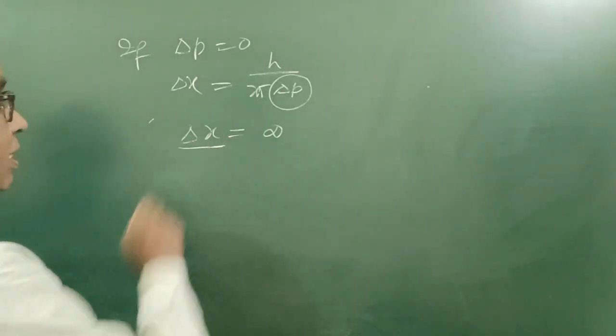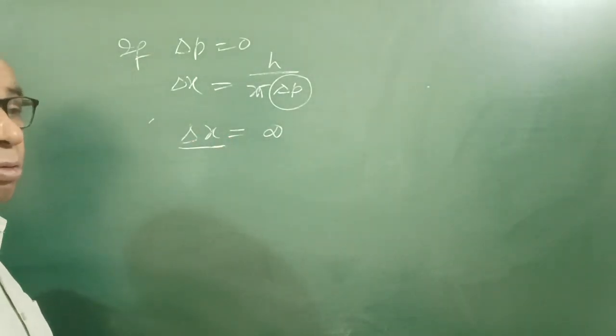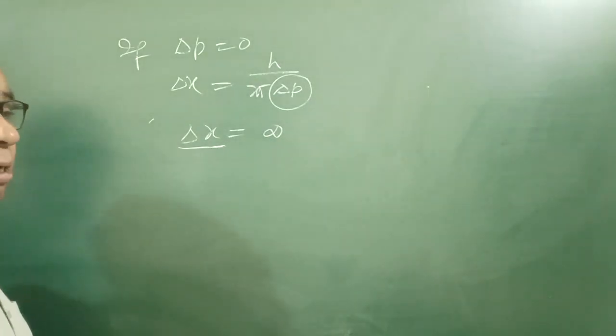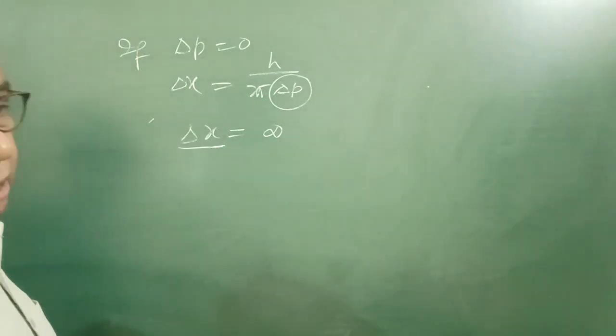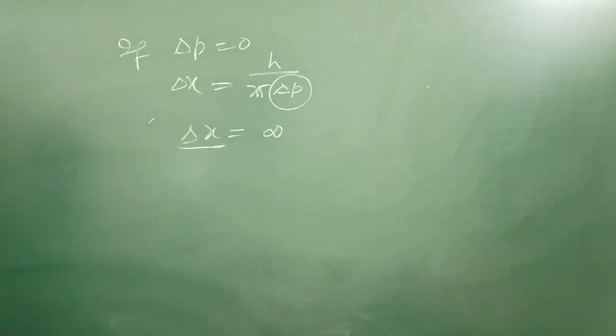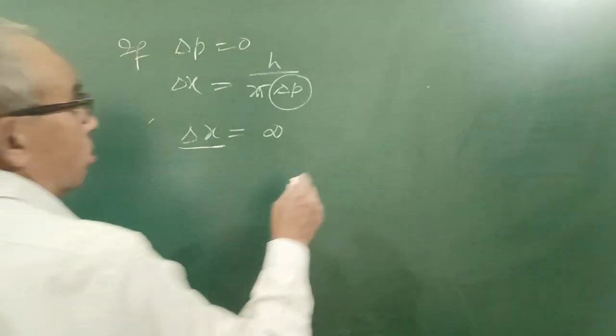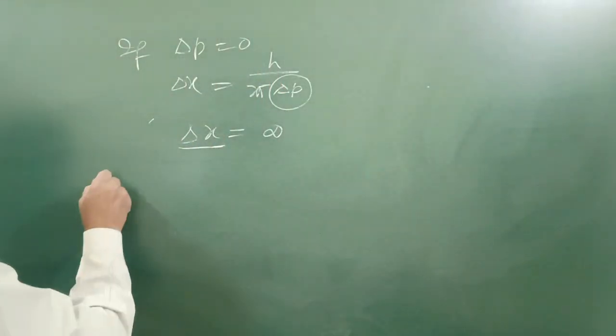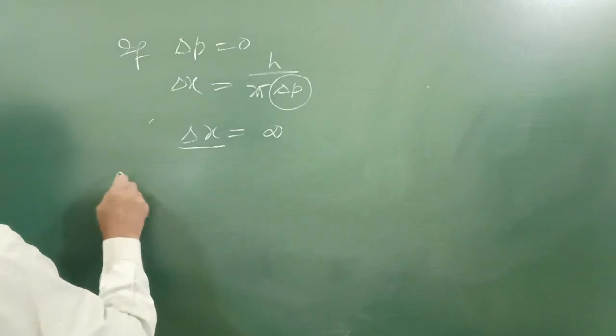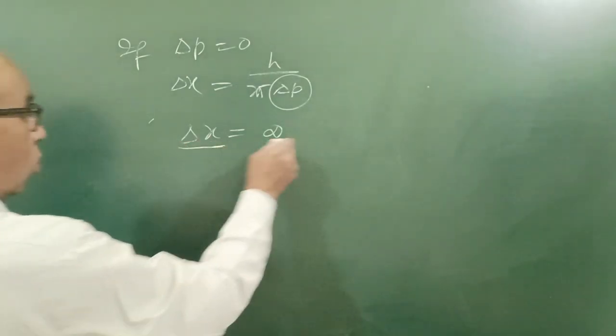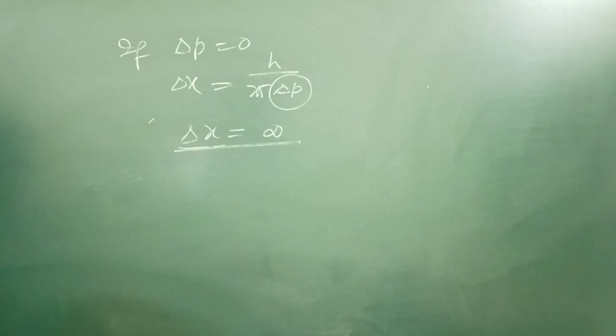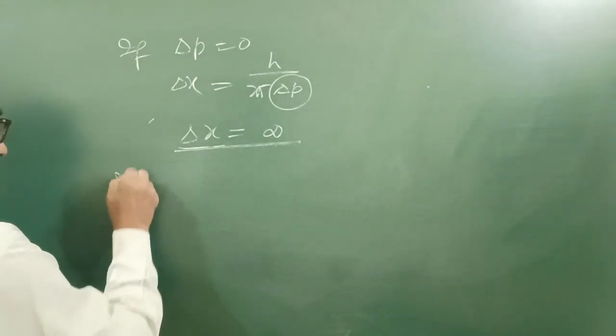If delta X is infinity, we are not able to find the position of the particle. But the electron is found localized in a small region, a well defined region. It means there is always error.